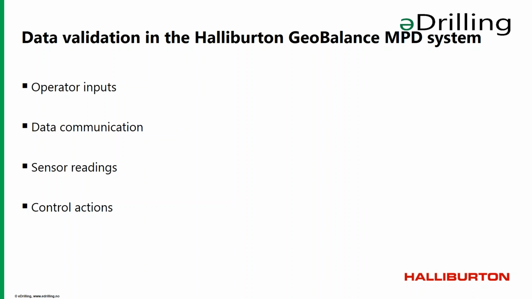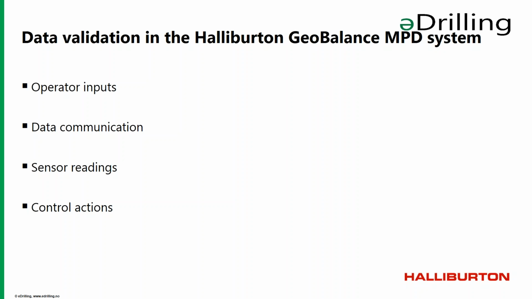Without this data validation system, we could end up in a situation where, for instance, the flow in reading from the rig would freeze. What would happen then is that if the rig would increase or decrease their flow, the choke pressure would continue calculating what it was, and then you would have the wrong bottom hole pressure, which in the worst case could lead to either a loss or an influx situation.